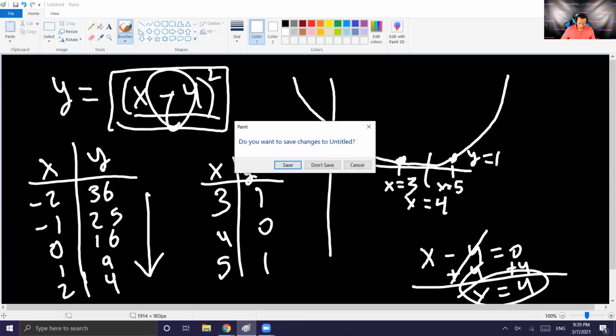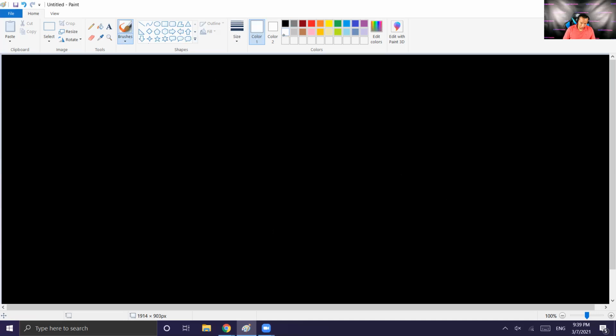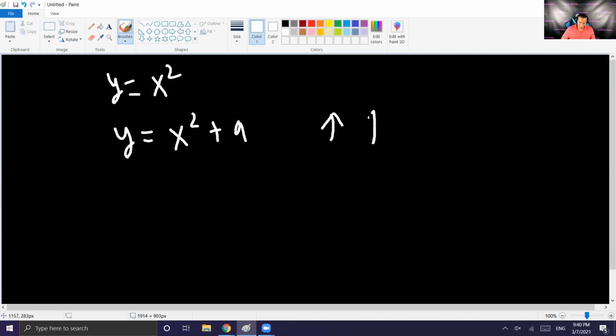So it got messy, but here are the basic rules. If you have y equals x squared, it's a normal parabola. If you have y equals x squared plus a, it goes up or it goes down.